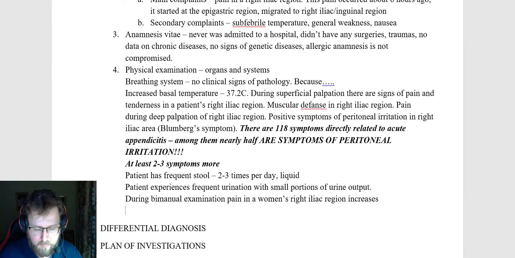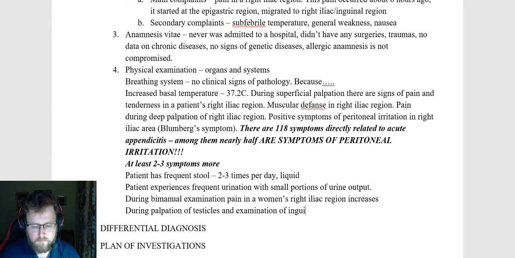For example, during palpation of the testicles and during examination of the patient's inguinal canal, which also is a part of the male's clinical examination of the genital system, you may find out that he feels irradiation of pain.